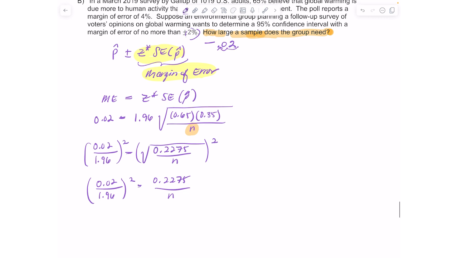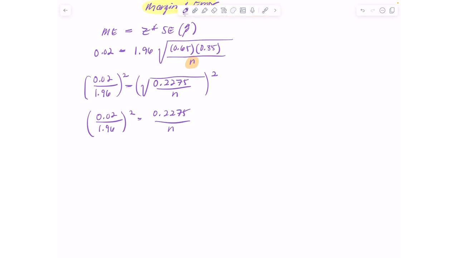Now, if I want to solve for n, I can multiply both sides by n, and you're left with this. Then to get n by itself, we're going to divide both sides by this.